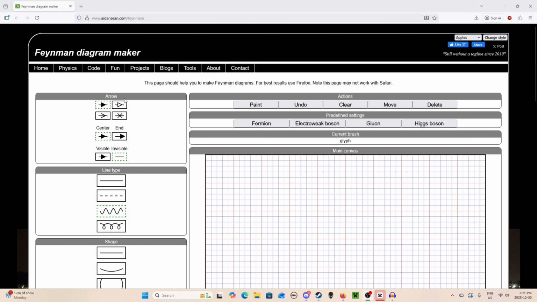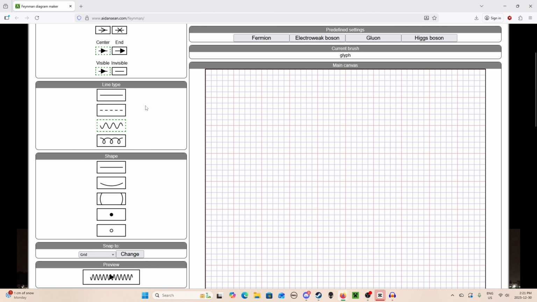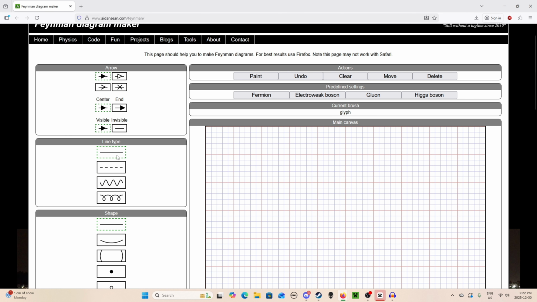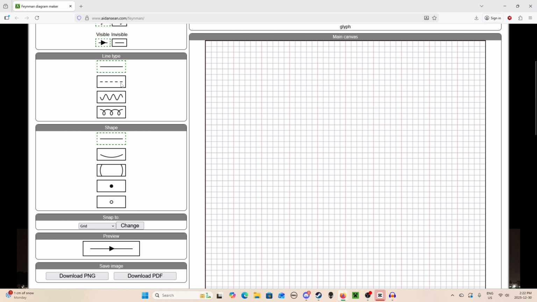So let's do something very basic. Now, I am interested in a number of different phenomena, mainly jet production at the LHC. So let's make something that has some jets.